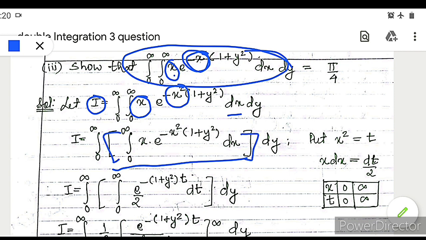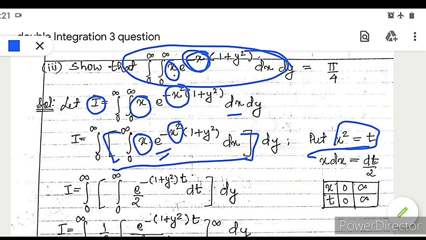Then I have done this substitution because I want this exponential to be free from x square. It's very difficult to integrate e raised to minus x square, so to make that integration easy, we have x here.